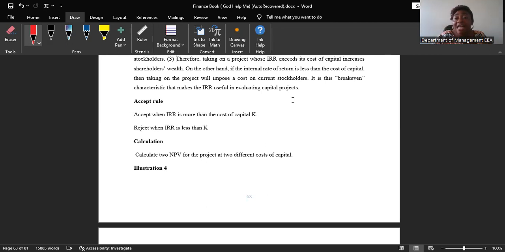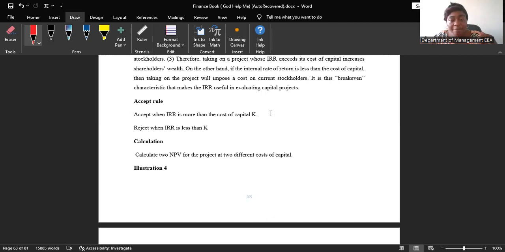Cost of equity is the cost you incur for using equity, the cost you incur for using preference shares. So the cost of your capital structure, your return should be more than it.